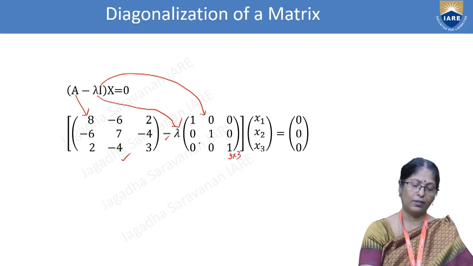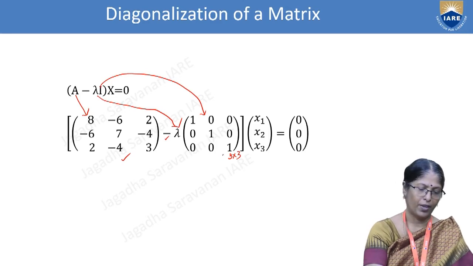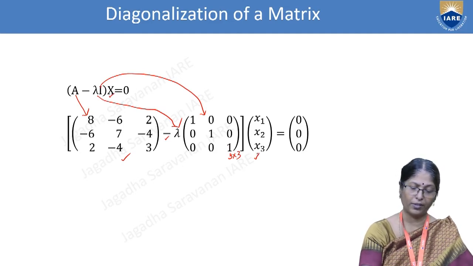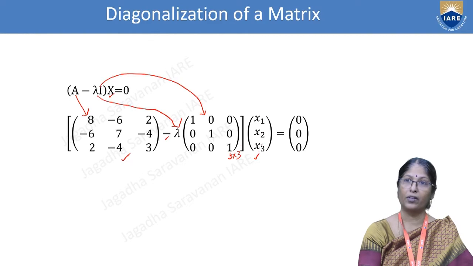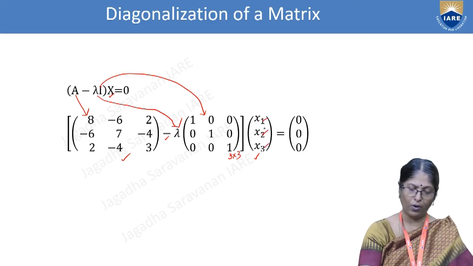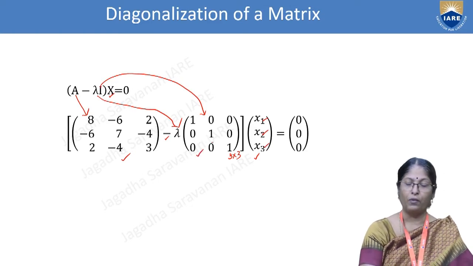Based on that, here we have taken a 3 by 3 matrix. In this X place, we have taken the column matrix X1, X2, X3, because it's a 3 by 3 matrix, that is the reason 3 variables are there. If it is 4 by 4, one more will be extended, X4 we will write. If it is a 2 by 2 matrix, we will stop at X2, equal to the 0 matrix.